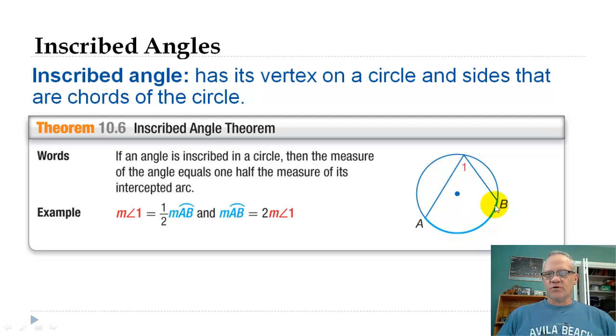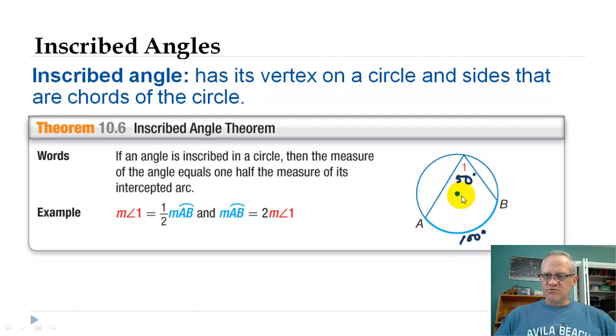So if, let's say, I'm just going to make something up here, arc AB was 100 degrees, then angle 1 back here would be 50 degrees. It would just be half of that. So if you know the arc, you can just divide by 2 to get the inscribed angle, and if you know the inscribed angle, the arc is twice as much.